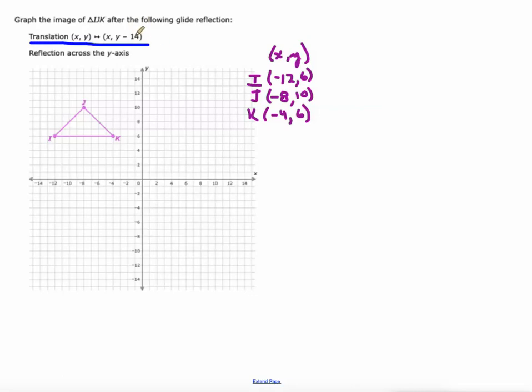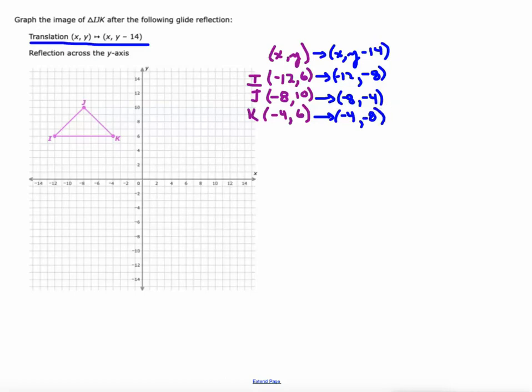It basically just means go 14 units down. So keep the X values the same, so -12 and -8 and -4, and then subtract 14 from the y value. So 6 minus 14 is -8, 10 minus 14 is -4, and 6 minus 14 is -8.